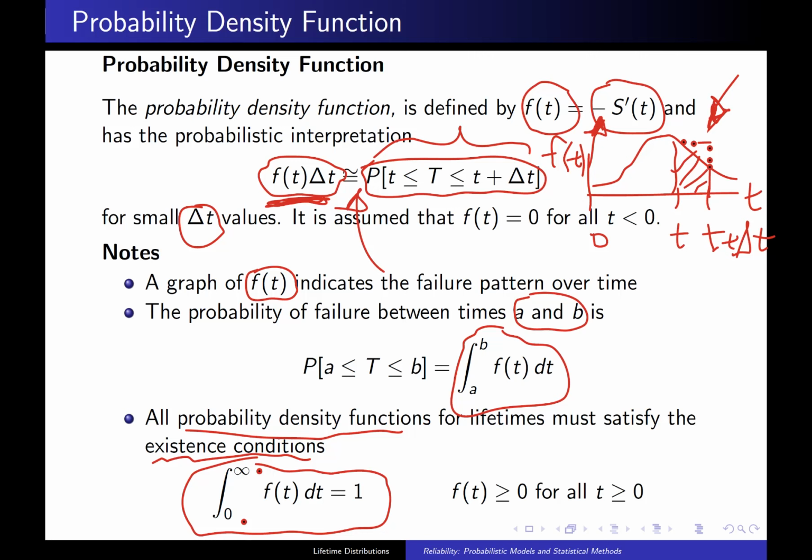However, since we only have positive support in this case because it's a lifetime, it goes from 0 to infinity. The second condition is f of t is greater than or equal to 0 for all t greater than or equal to 0. That says this function up here never dips below the horizontal axis.